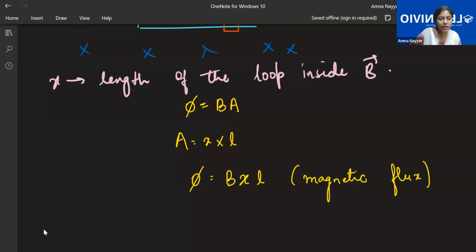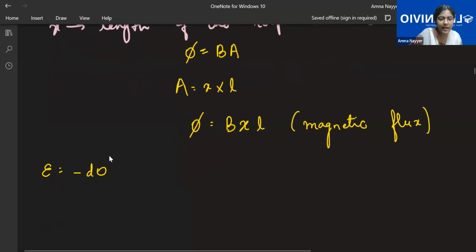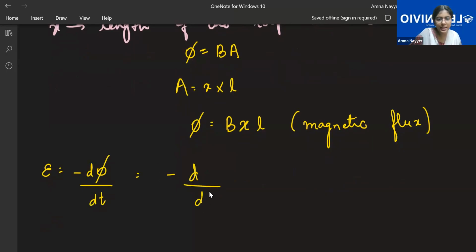Now see, EMF is equal to minus d phi over dt. If I differentiate this, I put minus d of BXL over dt.